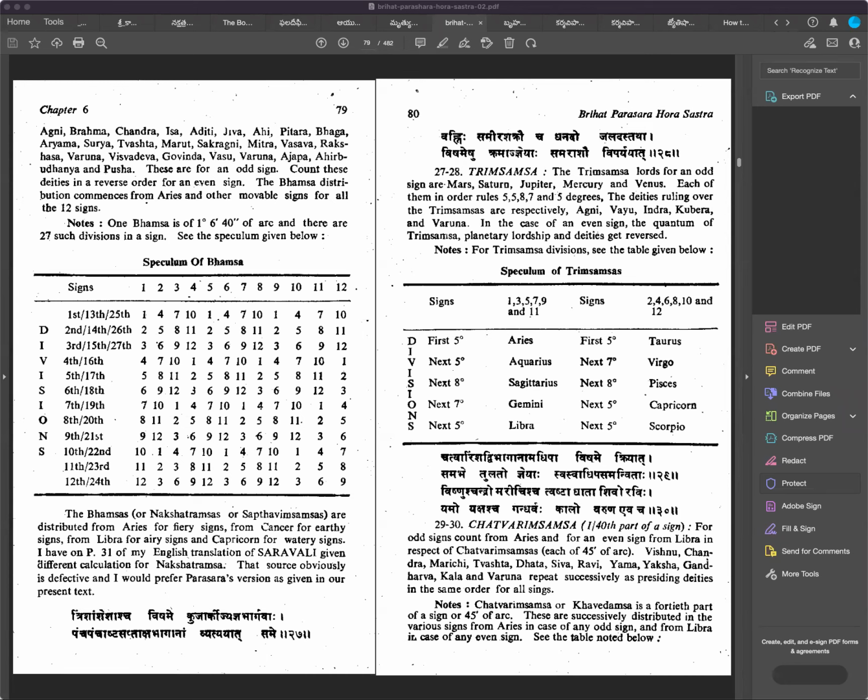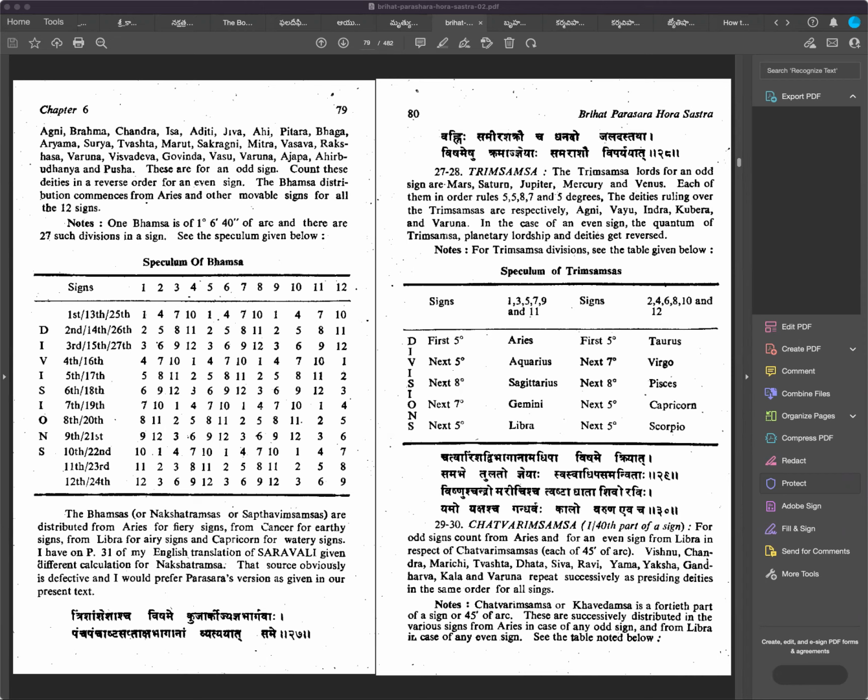So everything is distributed as per the table. The horizontal lines are signs and the vertical lines are divisions. The first sign, second sign, third sign, like that, 12 signs are given horizontally, and vertically they made 27 divisions, 1, 2, 3, 4, 5, 6, and so on.